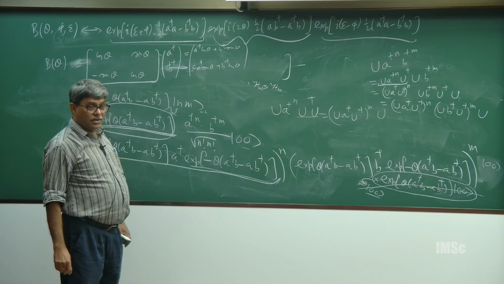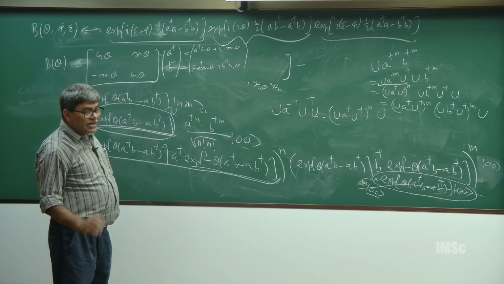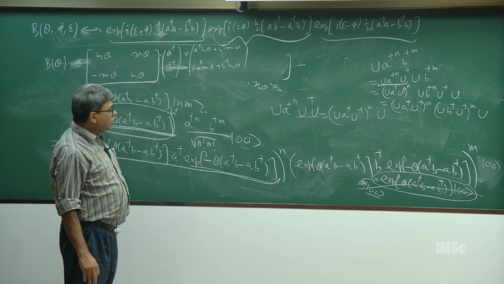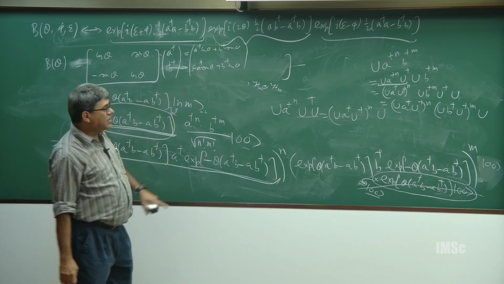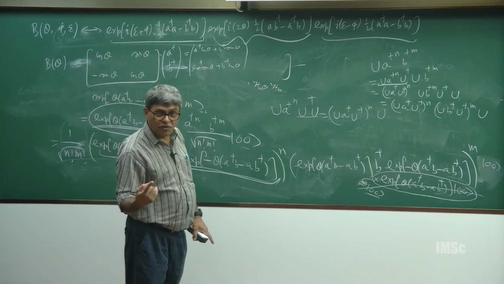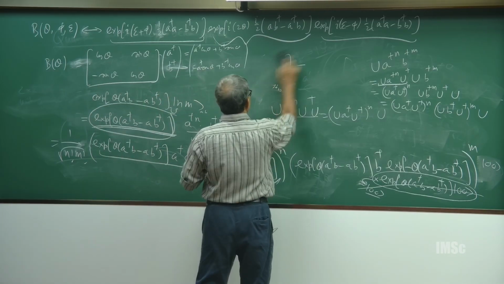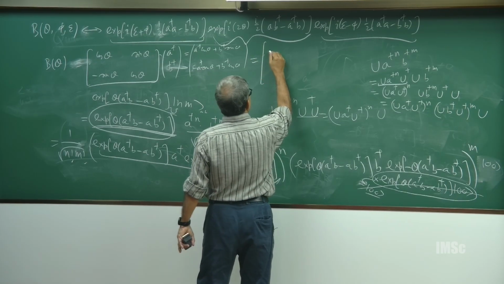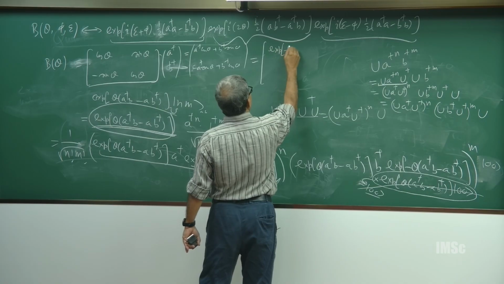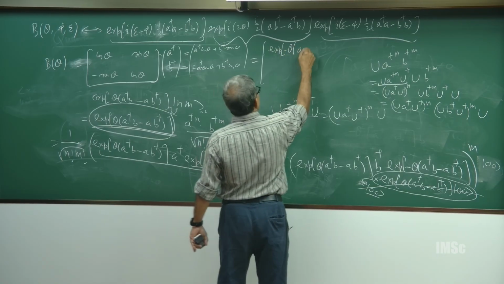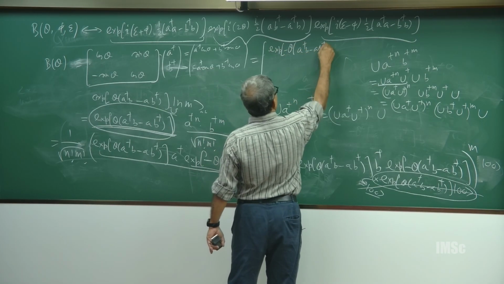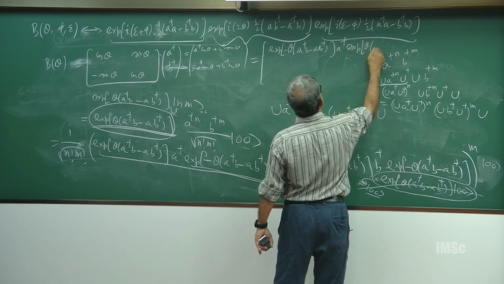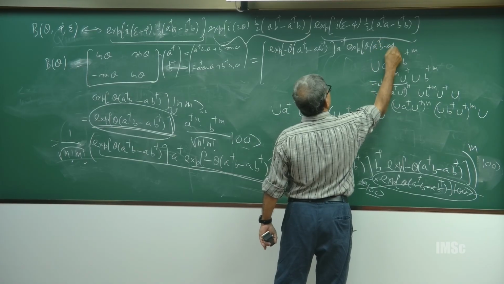You can either rotate the state by theta or the operators. So basically, what we have obtained, you can equate with this provided you take the Heisenberg picture form. This is correct, but you will have to be a little bit careful. You should take exponential of minus theta times A dagger B minus A B dagger, then A dagger, then exponential of plus theta times A dagger B minus A B dagger.